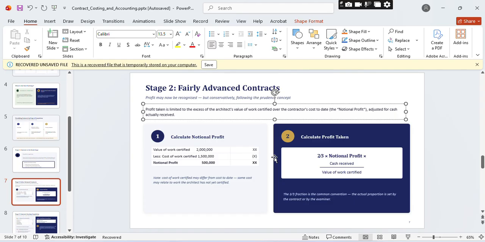This doesn't happen in most cases, but assuming that we have that scenario where we don't have any cash received. So assuming that the question states that we have this information here, but for cash received, let's put that here.